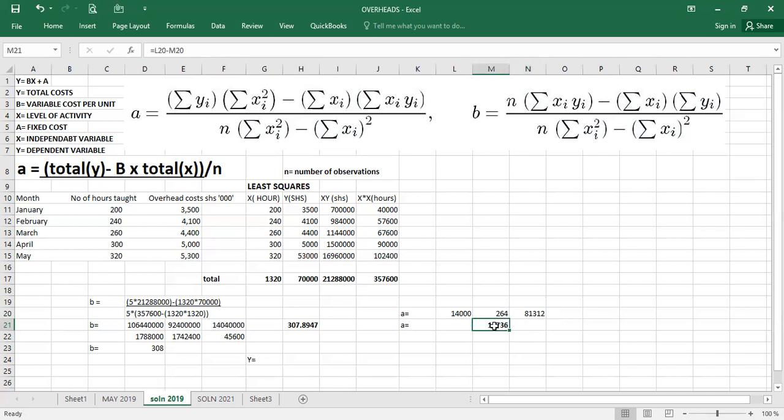So our A here will be this minus this, which will give a negative answer, which is 67312.